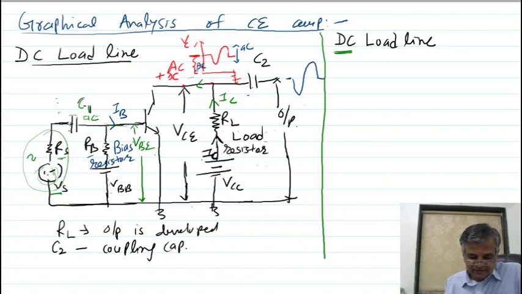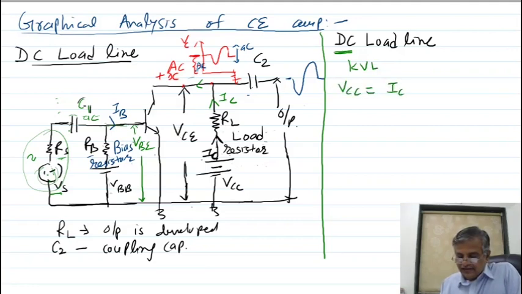So for the DC load line, apply Kirchhoff's second law to the output section. VCC is equal to ICRL plus VC. You can see here, VCC is equal to ICRL plus the voltage between these two terminals.